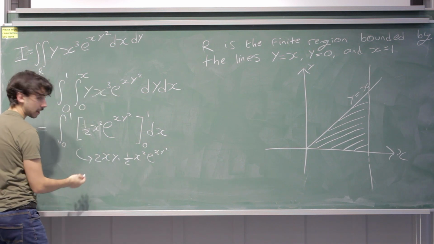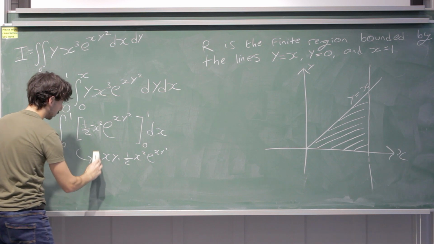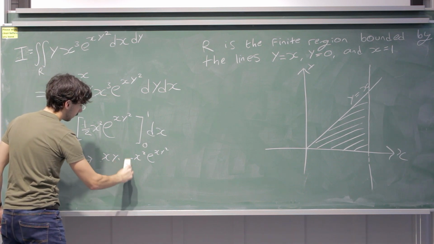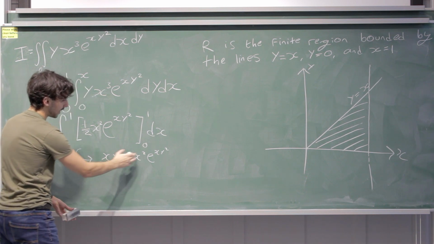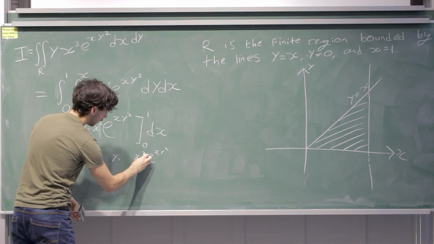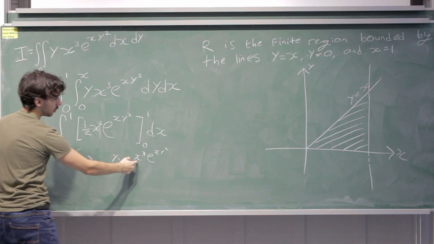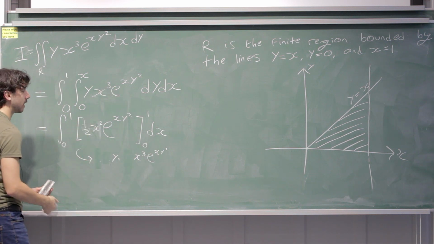The 2's cancel out. There's an x here, there's an x squared here, so I can write this as x cubed. And you have yx cubed e to the xy squared, which is what we had there.